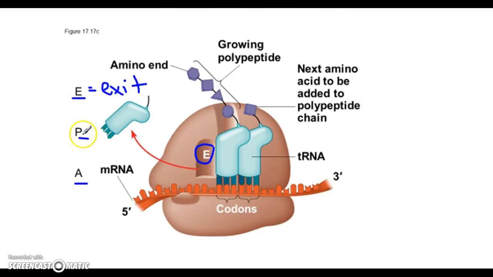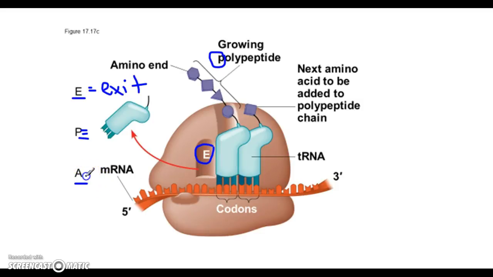If you look at the P site, most of the time that P site is holding the growing polypeptide, so you can think of P for polypeptide. The only exception to that is during initiation. Remember, our very first amino acid, methionine, was connected to a tRNA in that P site. But most of the time that's where the growing polypeptide chain is held.